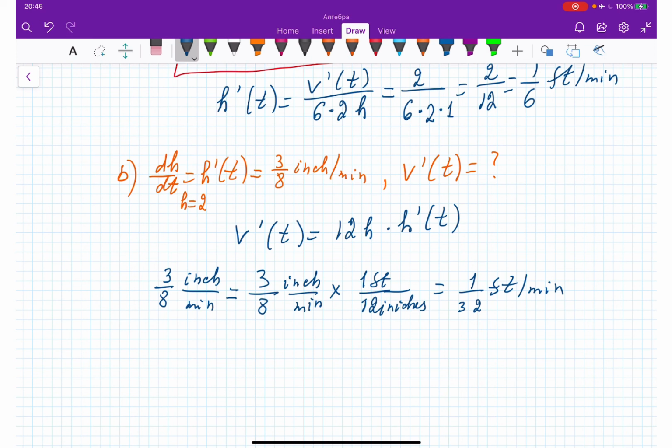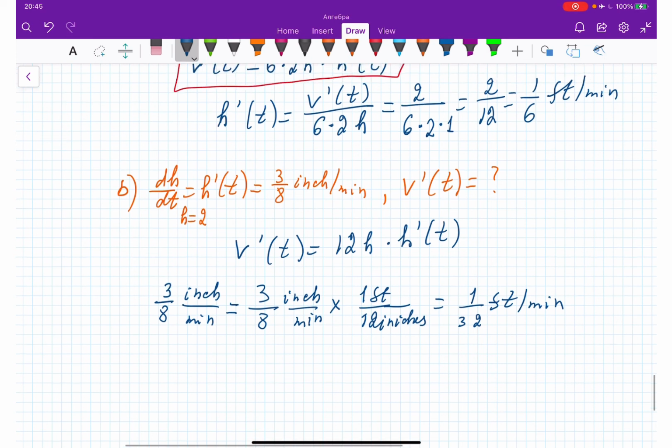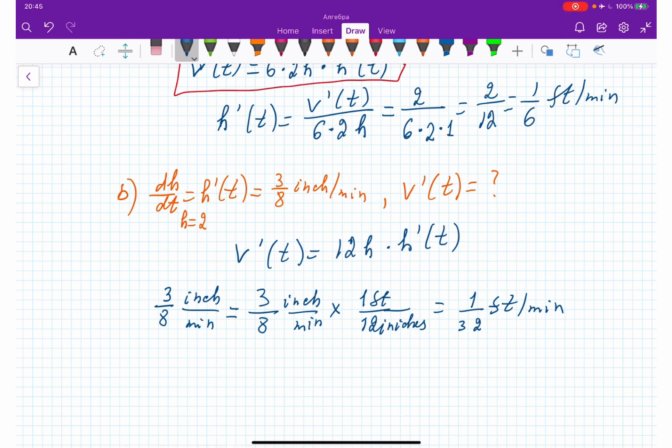Well, once we have it, we can plug in the values. So V prime of t at the value of h equal to 2 is equal to 12, I'm applying this formula, right? 12 times h is 2, here I plugged it in.